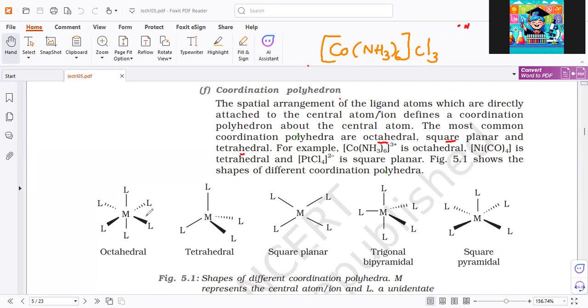Nickel tetracarbonyl is tetrahedral in structure, and this platinum tetrachloro complex is square planar in shape. So these three are the most common structures of coordination polyhedra. Other than these, trigonal bipyramidal and square pyramidal structures are also observed in certain coordination complexes.